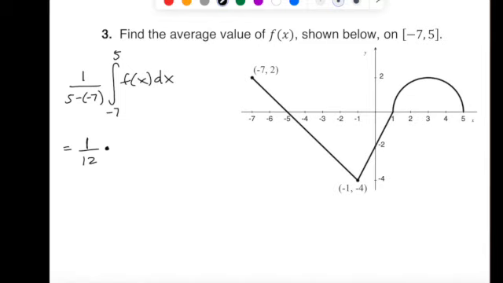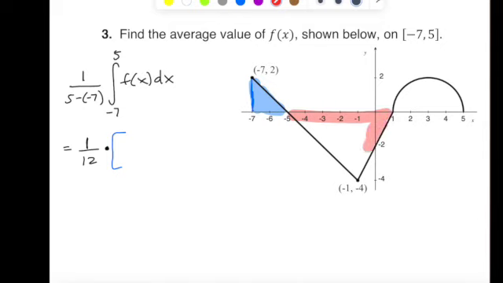So let's find that value now here using the graph. So we're starting at -7, we're going all the way to 5. So this first portion right here is what we're going to find, and that's above the x-axis, so we'll assign a positive value to that area.